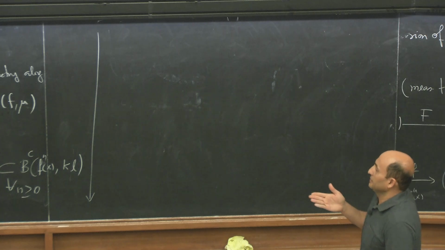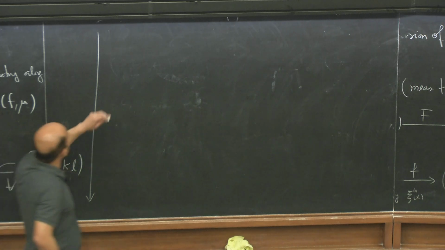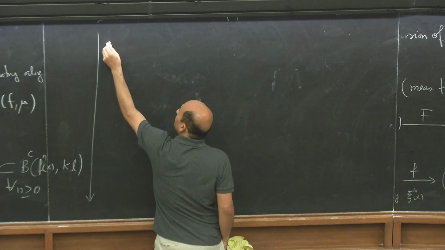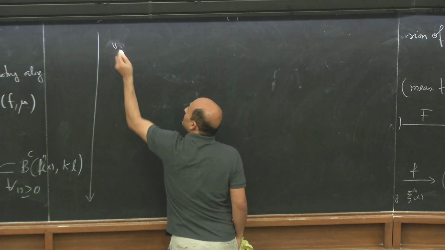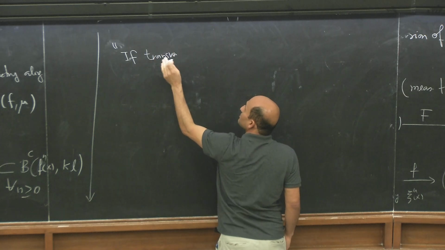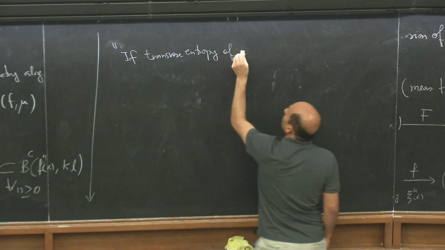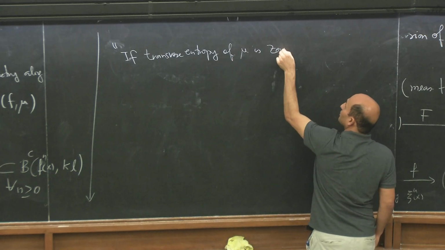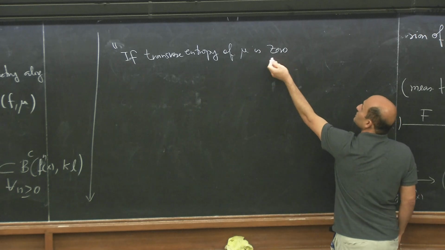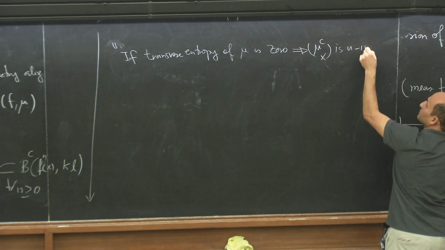And it is saying that if you have vanishing entropy here, or in our previous result, what we are saying in this invariance principle, the main point, is that if the transverse entropy of mu is zero, and I will define what transverse entropy is, then mu^c is U-invariant.